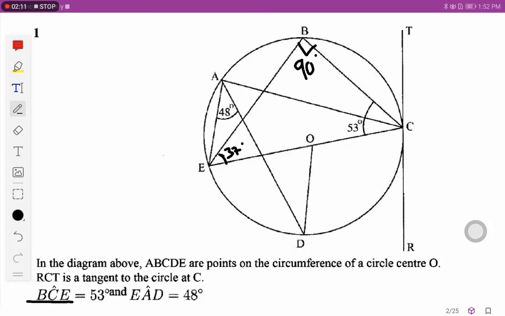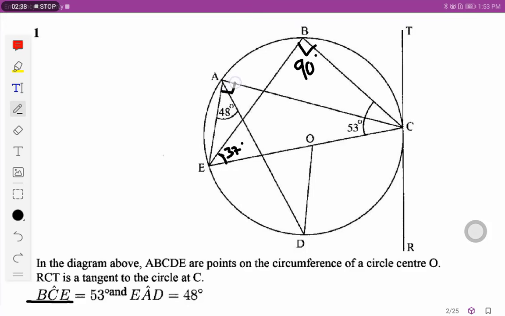Then another piece of information we have from here: this is also another angle subtended by the diameter, so we can also say this is 90 degrees.